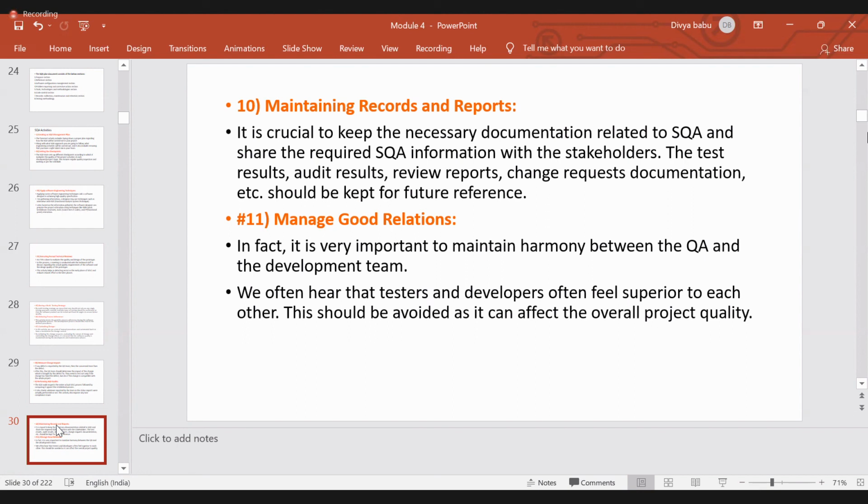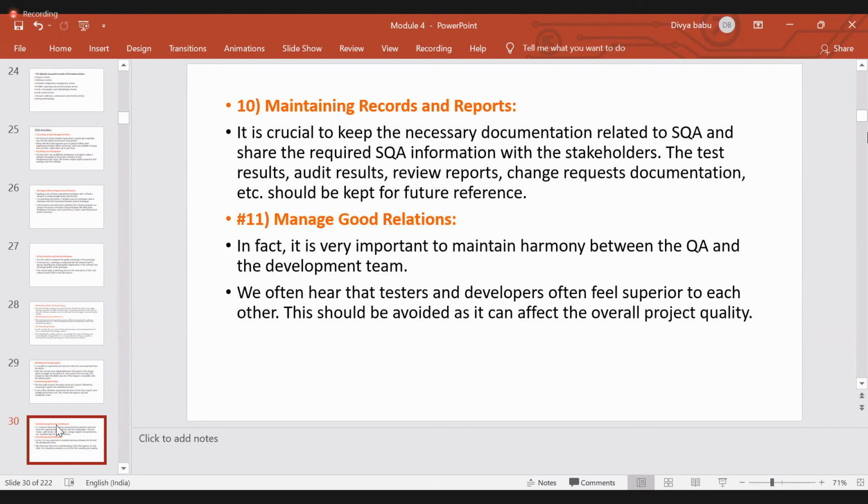Next, you should manage good relationships. Because the quality assurance team is a team, not a single person, teamwork is important. The communication and harmony between the team members are important to do a successful quality check. You should not feel like somebody is superior in your team. Everyone should be at the same level, meaning there should not be hierarchy.